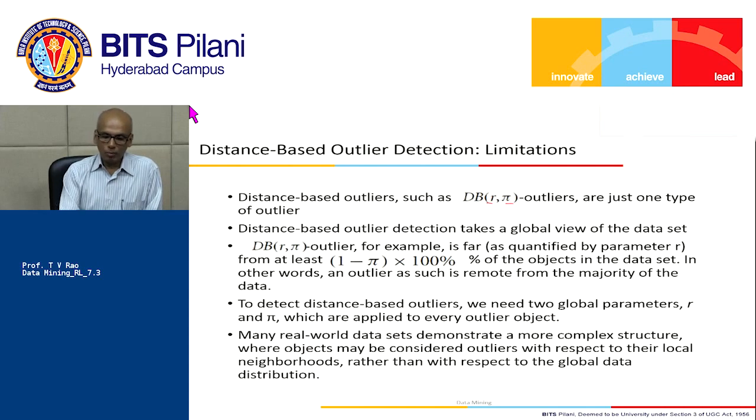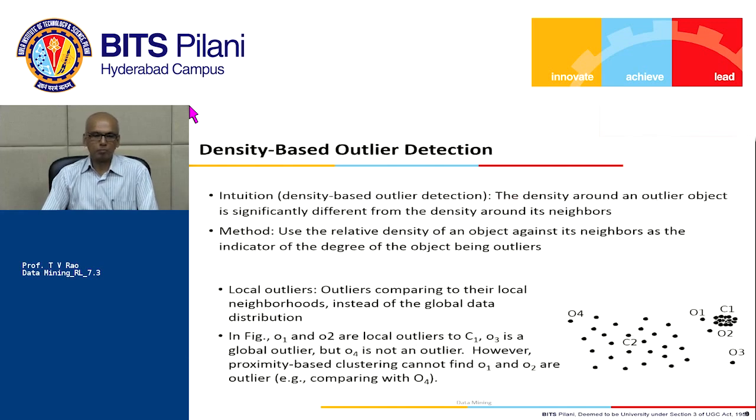The point is that we have a fixed value for r and a fixed value for pi. But real-world objects do not have such a uniform spread. For that reason, the neighborhood definition itself cannot remain so fixed. So in such situations, distance-based outlier techniques do not work.